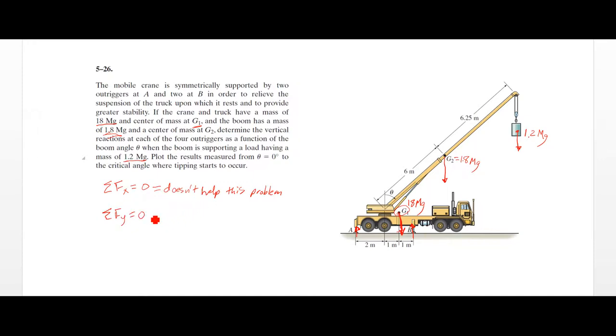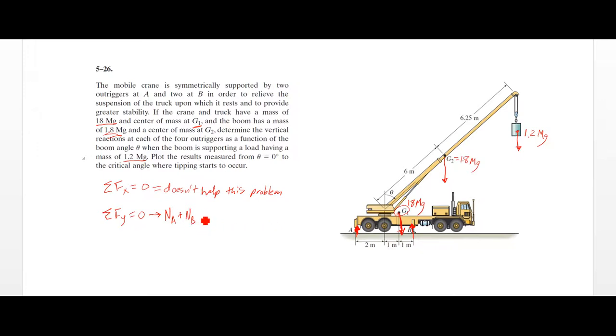Certainly. We have the reaction at A, I'm just going to say normal at A, plus normal at B. Those are going up, right? The ground is pushing up at those points on the outriggers, which is supporting the crane.